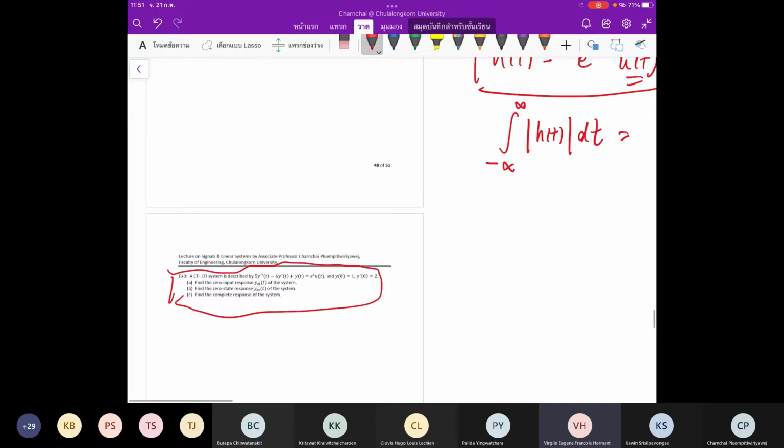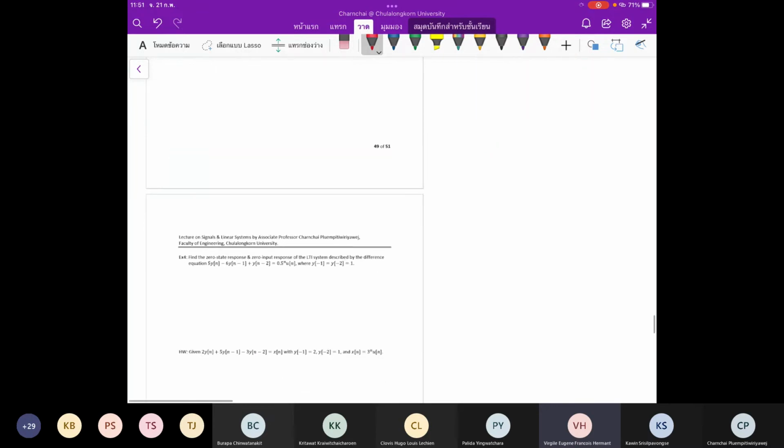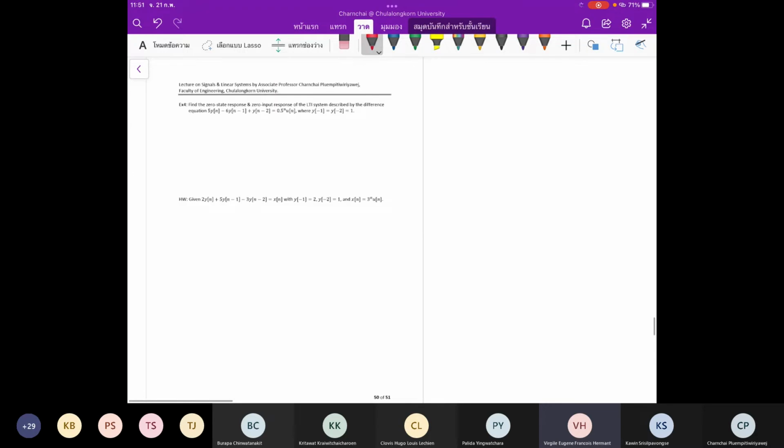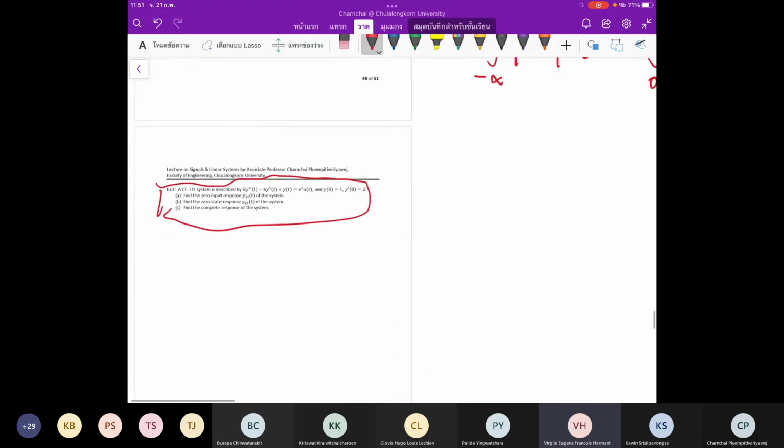It will be more clear, I think. We have no more pages left. We still have 1 week on Laplace transform, so we're going to do Laplace transform next week.